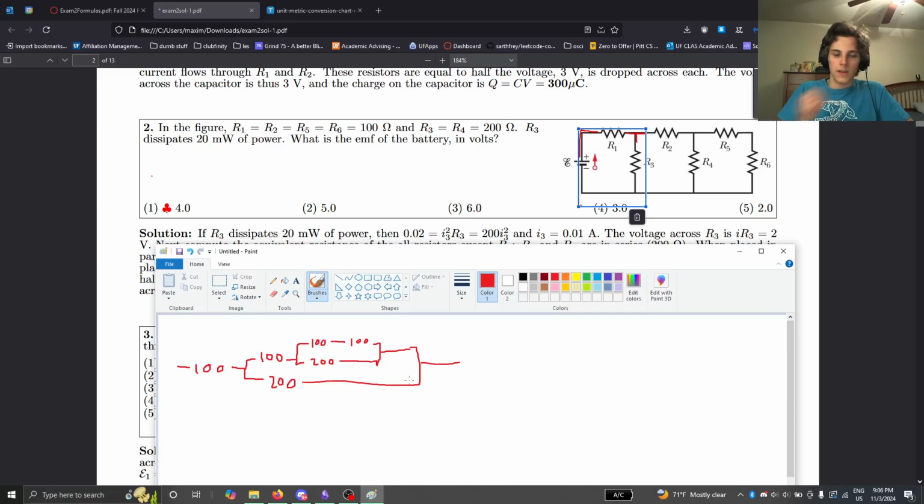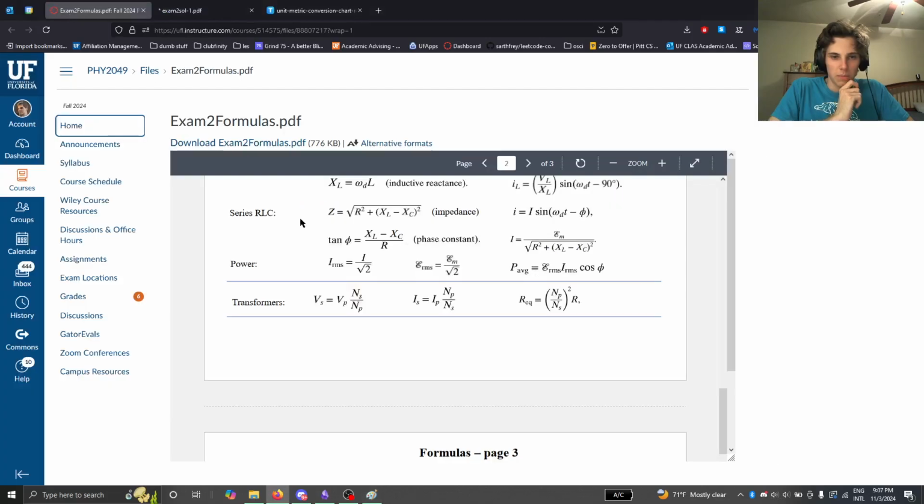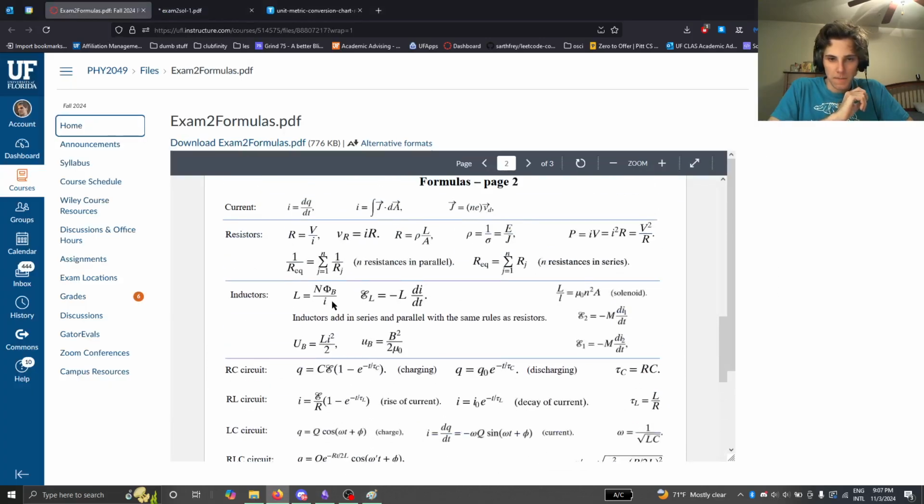Okay, so we're told that R3 dissipates 20 milliwatts of power. That is this resistor down here. But what is milliwatts? What does that mean? Well, we know its resistance, so I'm not going to worry about the units here.